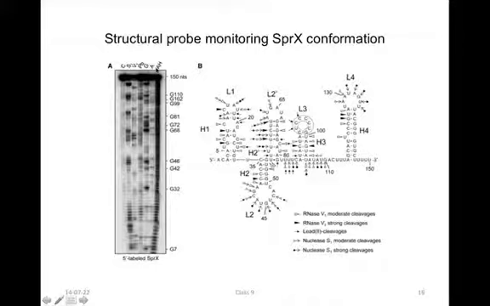It's RNase T2, and right after GA is RNase U2, and AH is the alkaline ladder, following the sequence of the in vitro transcription SPRX.